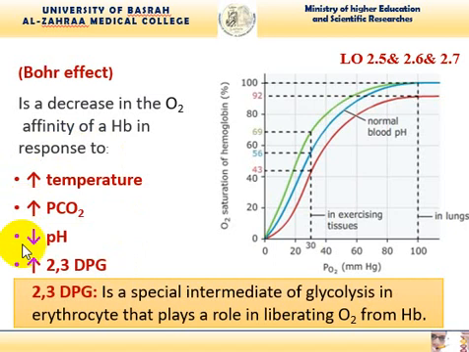So these factors will affect the curve and cause shifting of the curve to the right side. So this means that here the hemoglobin has less affinity to the oxygen, and it's ready to liberate the oxygen to the tissue.